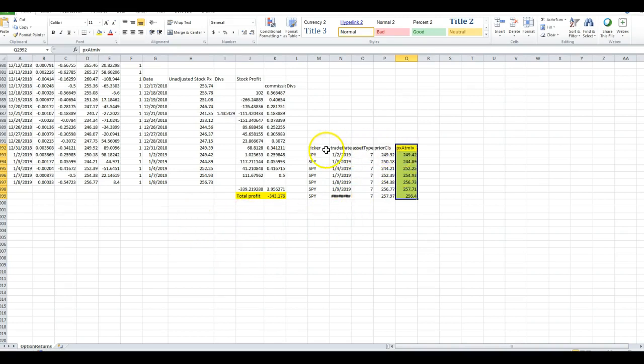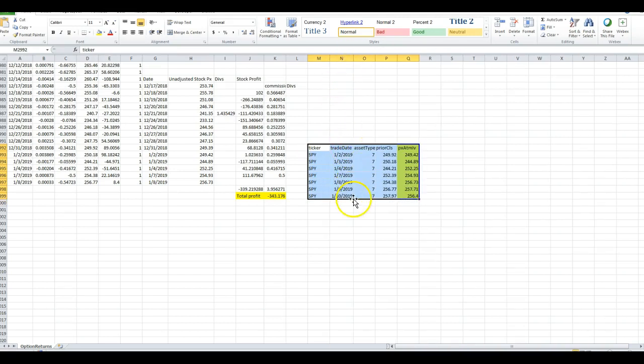When you go to the general core and the historical tab of the API, you get a field called PX ATM IV. This is the price that we're using when we calculate the at-the-money implied volatilities, and these are the prices that we use to calculate the P&L.